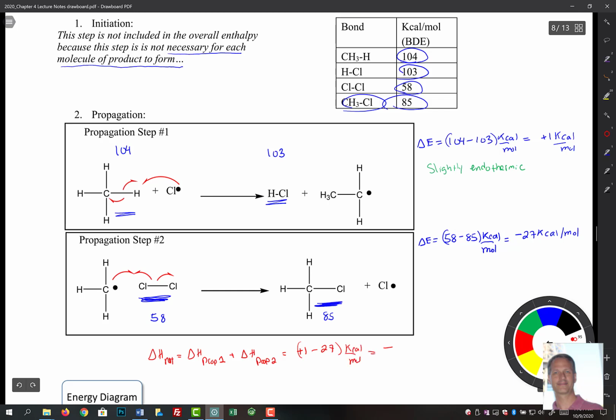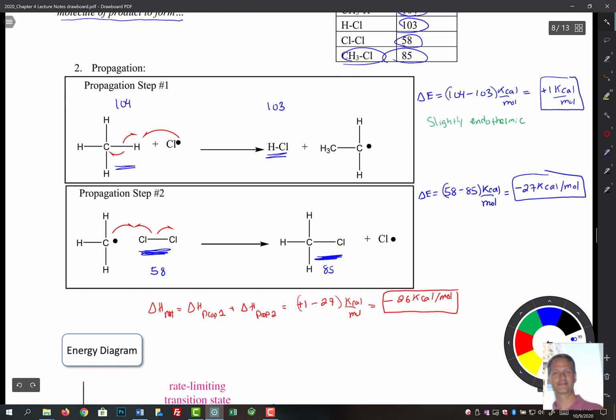So that gives us a net delta H of negative 26 kcals per mole. Termination we don't include either, because those steps are rare also, so they don't play a big role in the overall delta H.